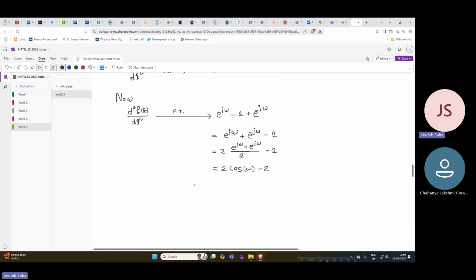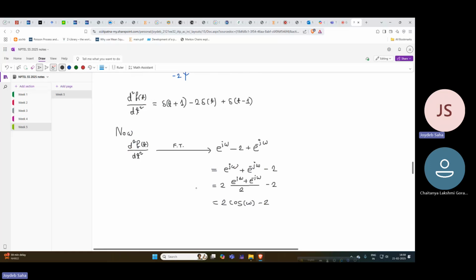So how, till now, is it understandable? Now apply the integration property.